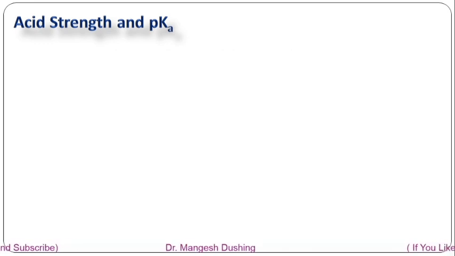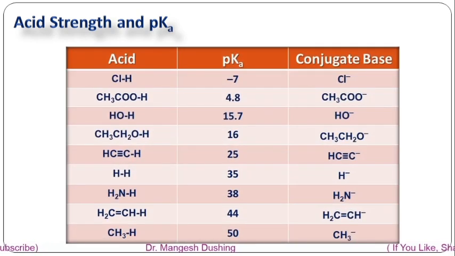Now, we will see some acids and their pKa values. These are acids like HCl, carboxylic acid, that is acetic acid, water, ethanol, acetylene, hydrogen, ammonia, ethylene, methane. These are the pKa values, minus 7, 4.8, and so on. So, this pKa value is in increasing order, and these are the conjugate bases of these acids.